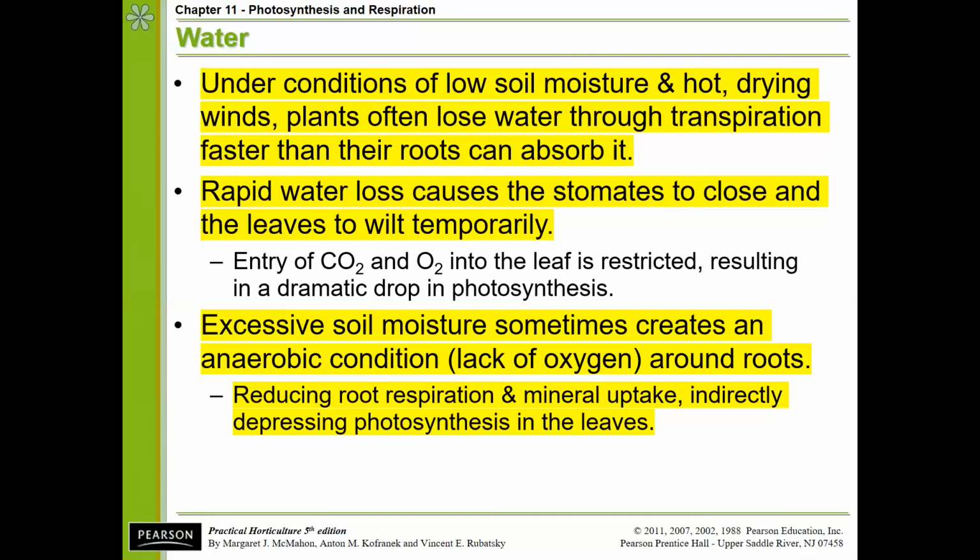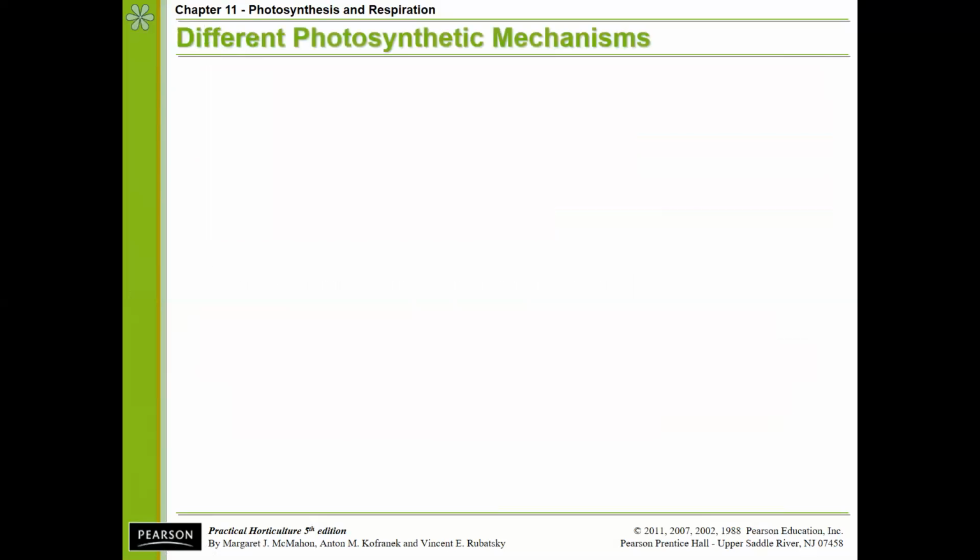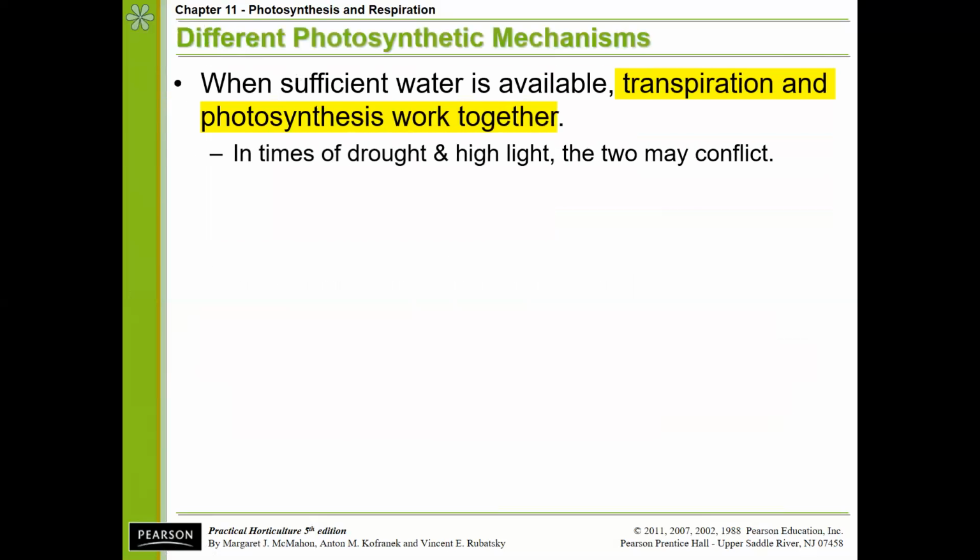It often looks a little bit different in plants though. Overwatering versus underwatering, both of them are bad. When we have sufficient water available, not too little, not too much, what I like to refer to as the Goldilocks amount, then we have transpiration and photosynthesis working together and at equilibrium.